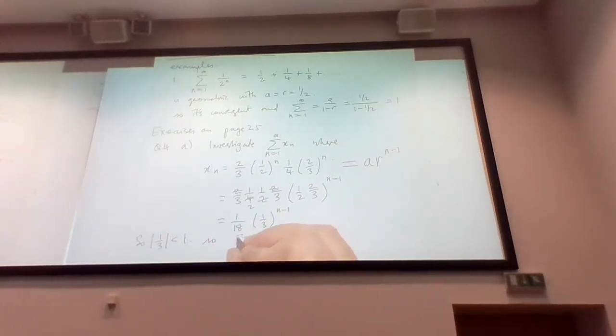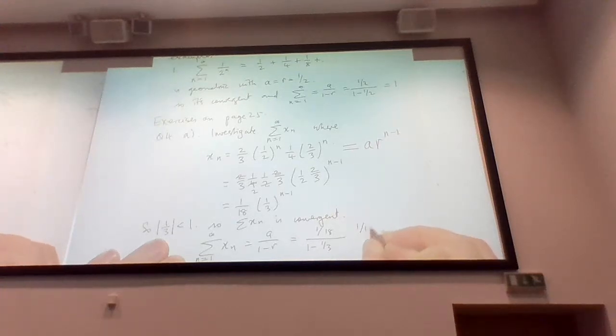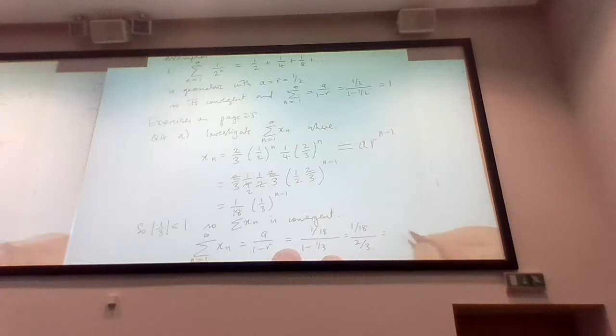So the sum of xn is convergent. And we can use the formula that says the sum of xn, n equals 1 to infinity, is a over 1 minus r. So it's 1/18 over 1 minus a third. So it's 1/18 over 2/3. The third goes away, 6 over 2, it's 1/12.